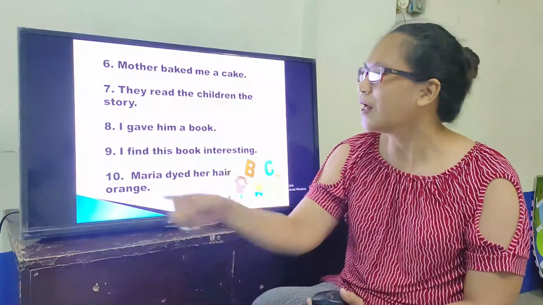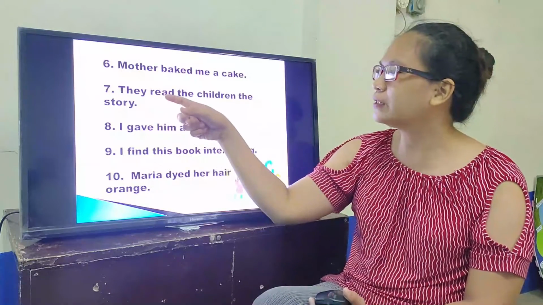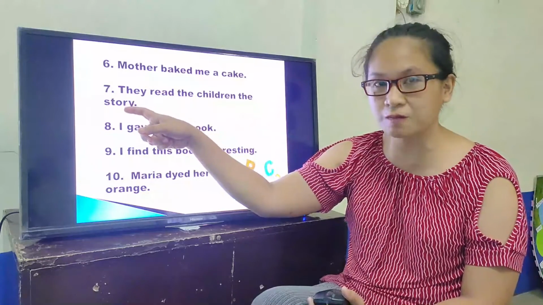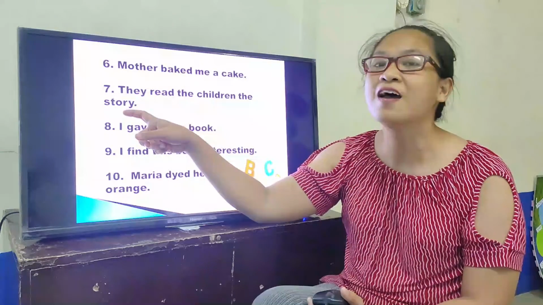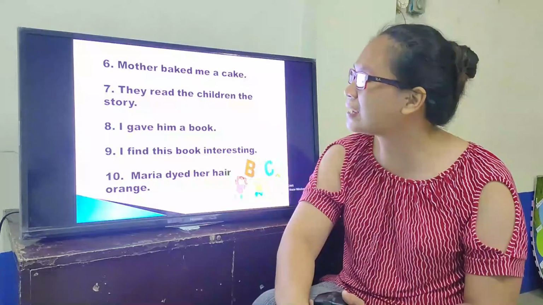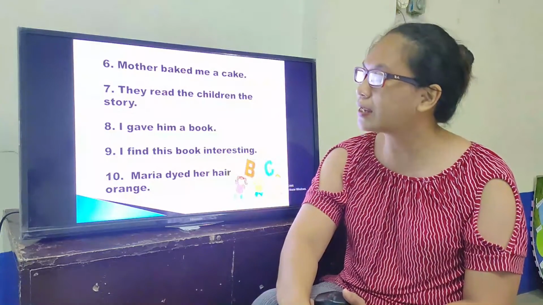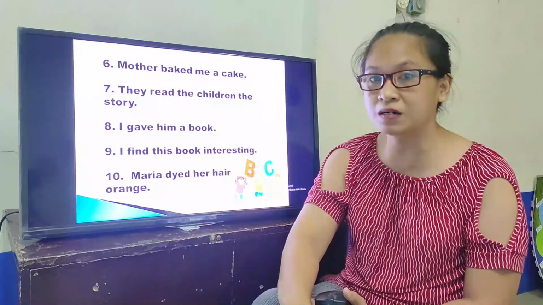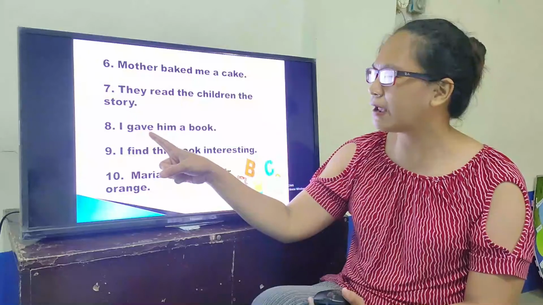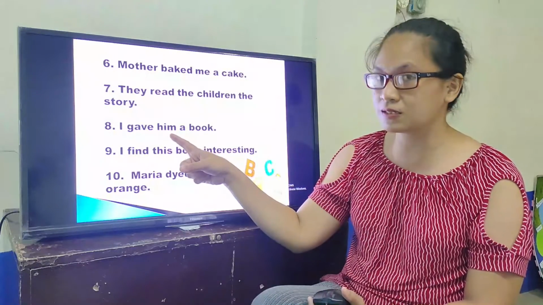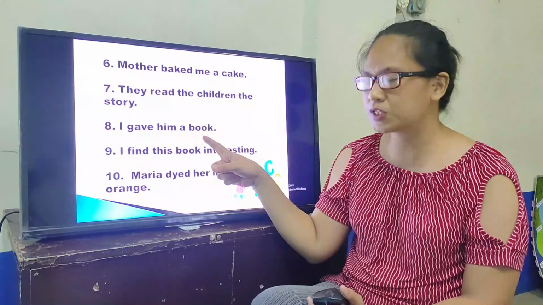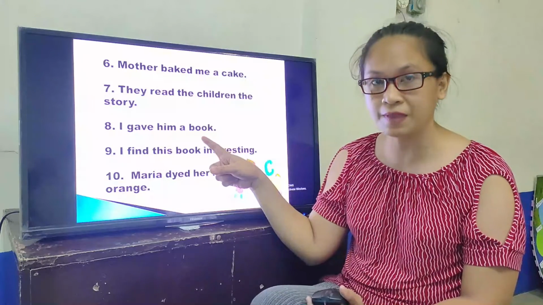Okay, so they is the subject, read is the verb, children is the direct object, and this one is the object complement, which is a noun. Very good. Now, what about this one? I gave him a book. Again, I gave him a book. Okay, so I is the subject, gave is the verb, him is the direct object, and book is the object complement, which is a noun.